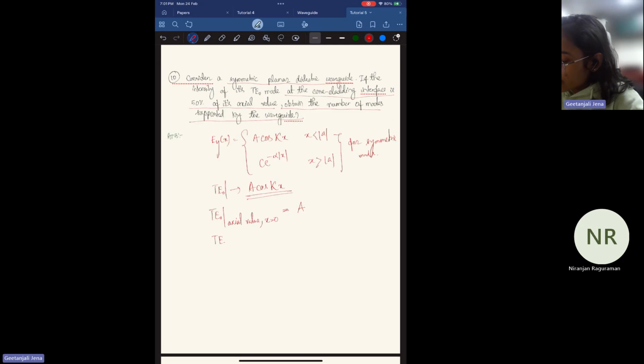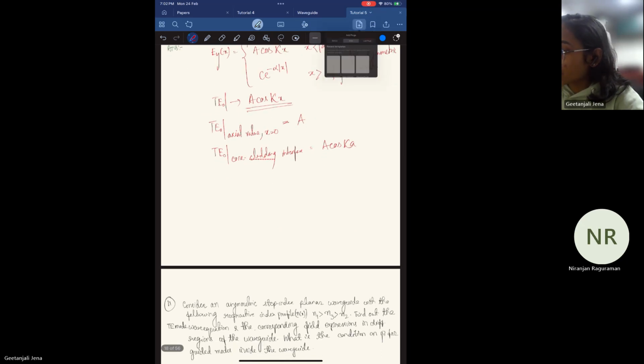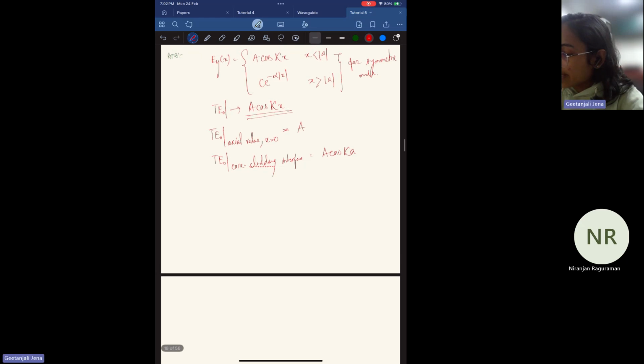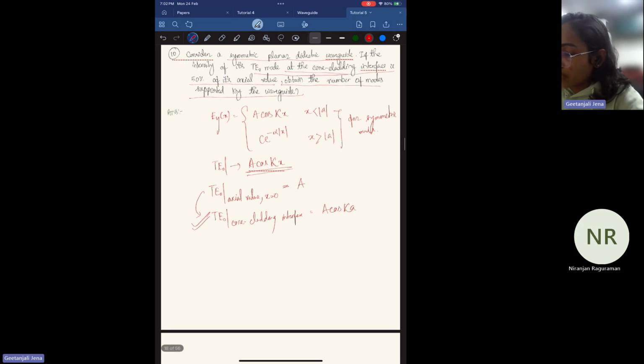And at the core cladding interface, it will be A cos kappa a. And it is given that this value is half of that value. The intensity of the TE0 mode at the core cladding interface is half of its axial value.